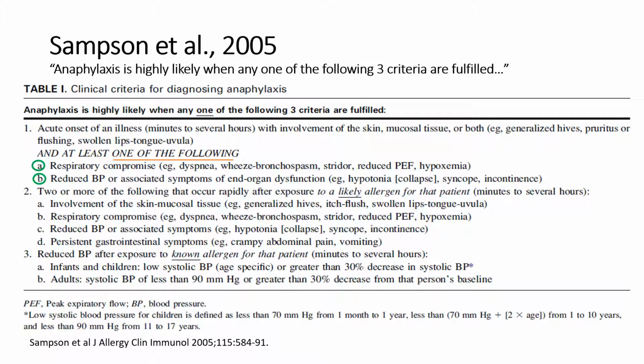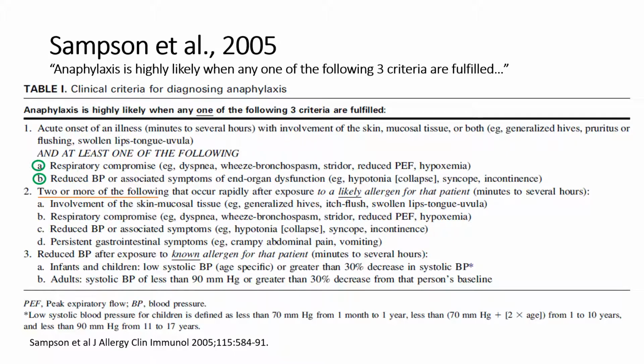So this is very important. The patient is coming with shock. The patient is coming with incontinence, wheezing, bronchospasm, and they also have some sort of skin or mucosal tissue involvement. This is an emergency. It has to be considered an anaphylactic reaction, even when the potential allergen is unknown, and the patient has to be treated accordingly.